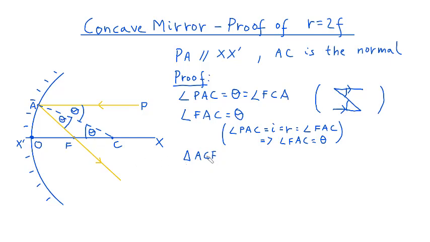So therefore that means that this triangle is isosceles, meaning that two of its sides will be the same. Okay, so that means FA will equal FC.